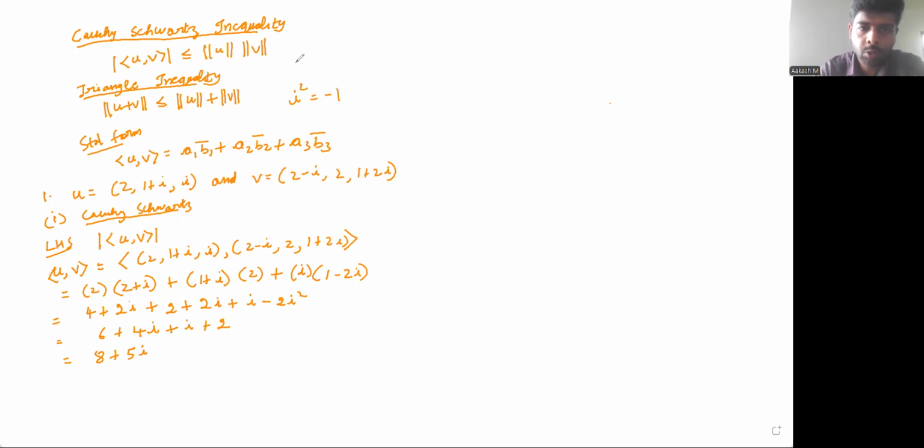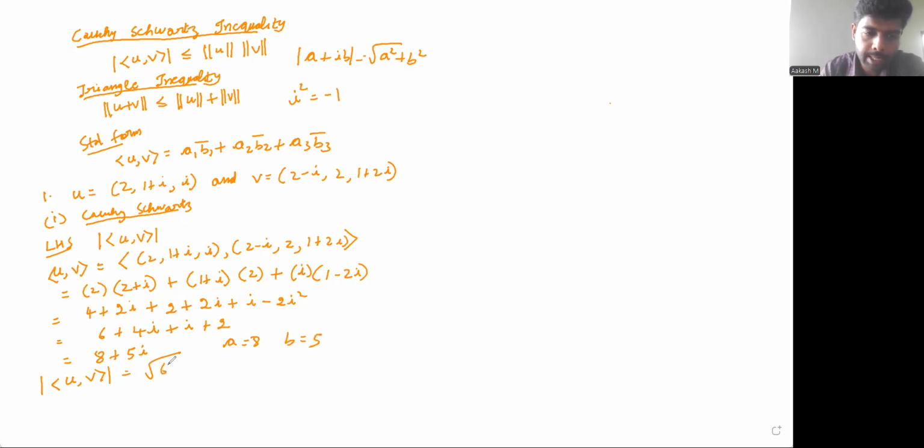We also know mod of a plus ib is equal to root of a square plus b square. So the mod of inner product of u comma v is equal to the root of this. A is equal to 8, B is equal to 5.